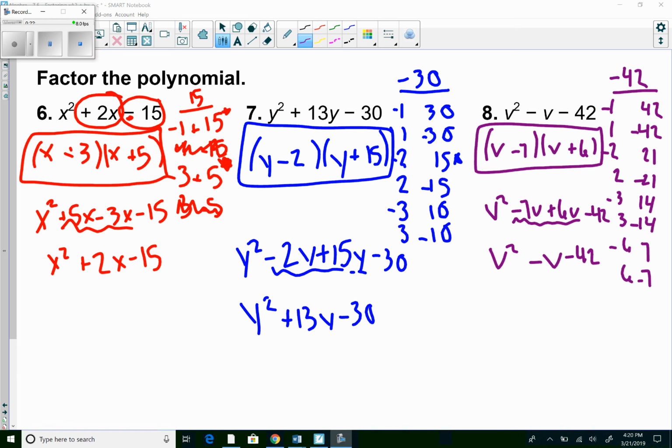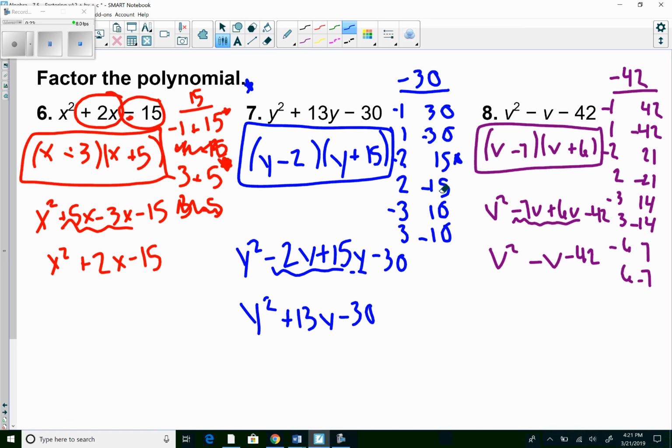Okay, so I gave you 2 examples that have actually more factors. Hopefully you were able to figure them both out. And hopefully you did not get stuck on number 7, because you have 2 and 15 and 3 and 10. But remember, if you have -3 and +10, that's going to give you +7.